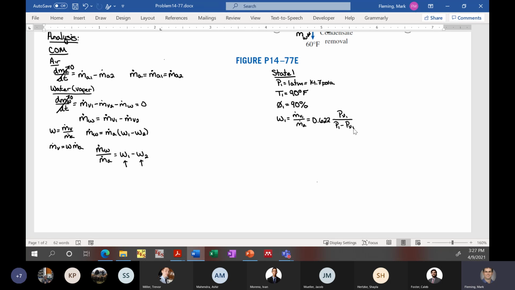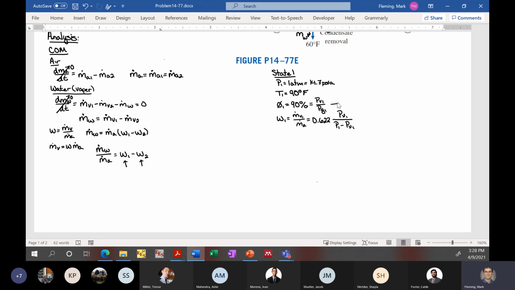Now, to do that, what we want to do is move up one variable here. So we know that we have the relative humidity that was equal to 90%. And by definition, this was equal to the mass of the water vapor divided by the saturation condition. Now, when we did the mathematics on that, what we found is we have the partial pressure of the vapor at 1 divided by the saturation condition at state 1.